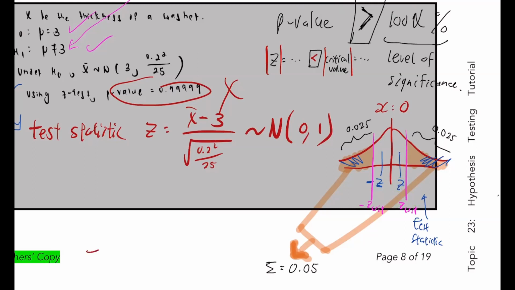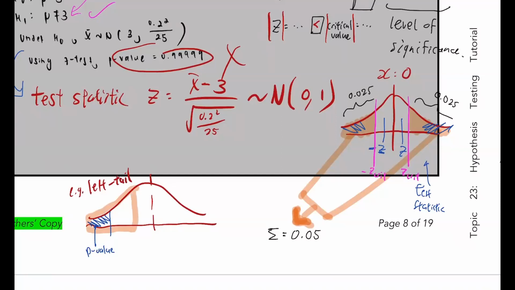Normally, when you have a left tail test, you have this area here representing your p-value. Then you have this area here to represent your significance level. Then if your p-value is less than your significance level, let's just call this 100 alpha percent.